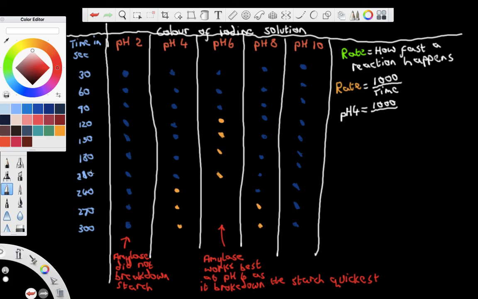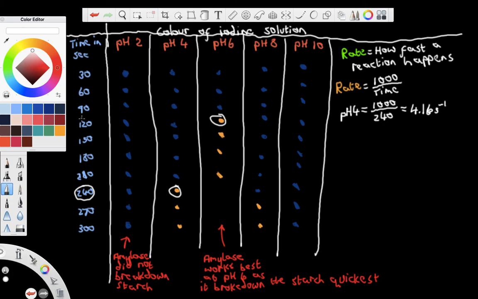So if I can just get my calculator, 1,000 divided by 240 would give me a rate of 4.16, and we would give that the unit of speed per time.